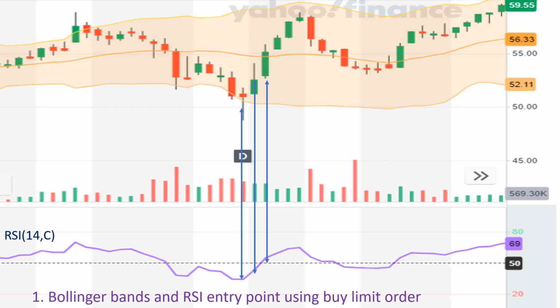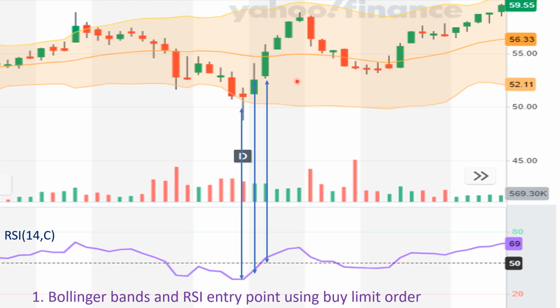But we have to wait for the next day to see the behavior of the candle or the market. If it goes up, you don't really have to exit the trade. And we see here the next day the candle gaps up and goes up, so you don't have to exit the trade. And the same thing here.